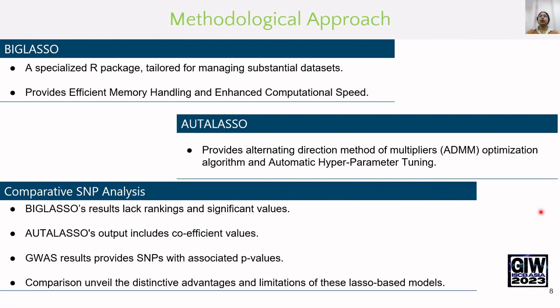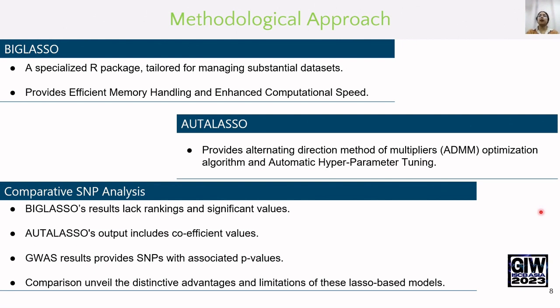Iota Lasso integrates the alternating direction method of multipliers optimization algorithm to enhance Lasso's efficiency and accuracy in feature selection. It ensures automatic hyperparameter tuning specifically for adaptive lasso, contributing to improved model performance while maintaining computational efficiency.